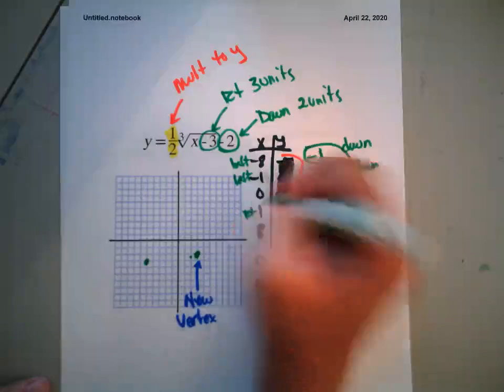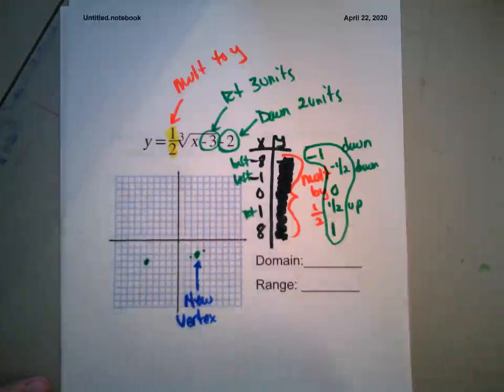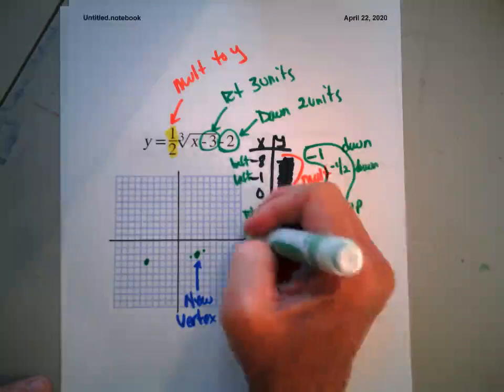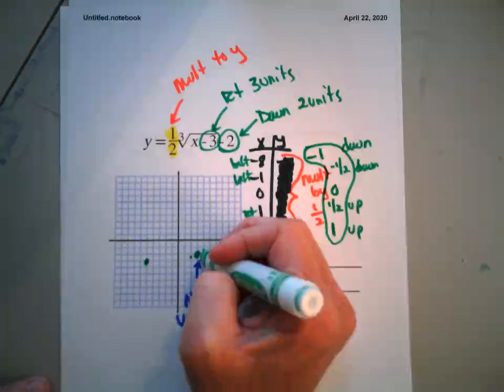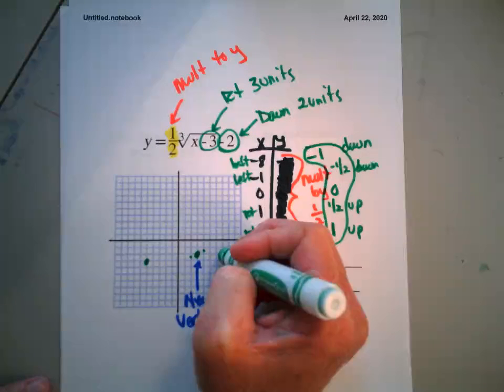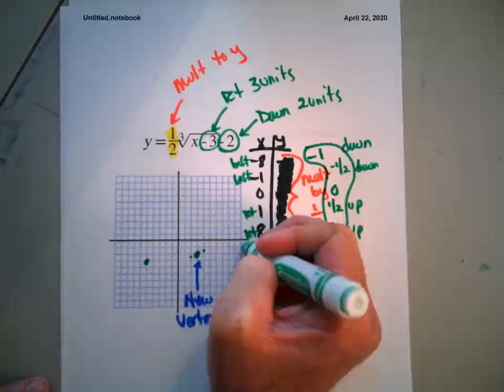We're going to go right 1, up a half. So again, pretty small dot. In order for me to get it in there, I can't make it very big with this pen. And the last one, right 8, up 1 from the new vertex. 1, 2, 3, 4, 5, 6, 7, and off the grid, up 1.